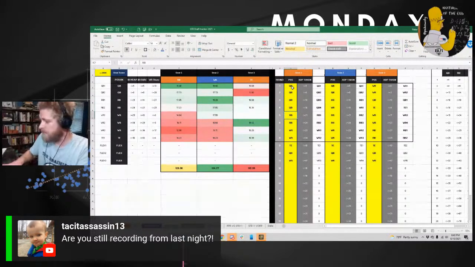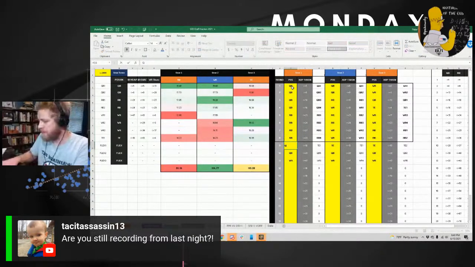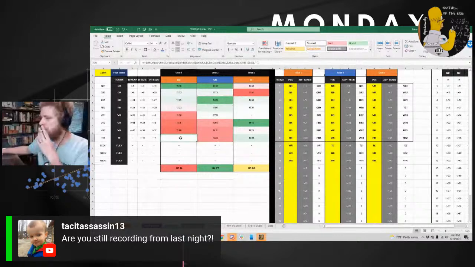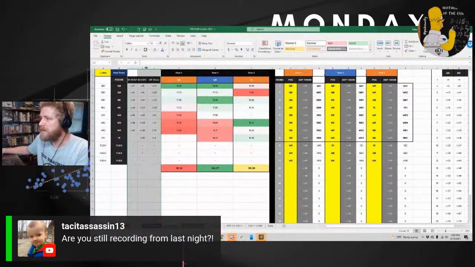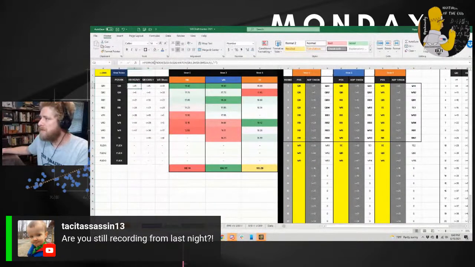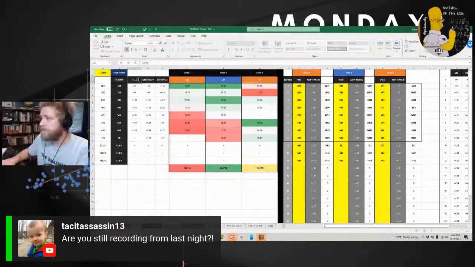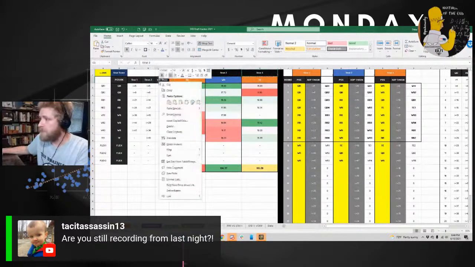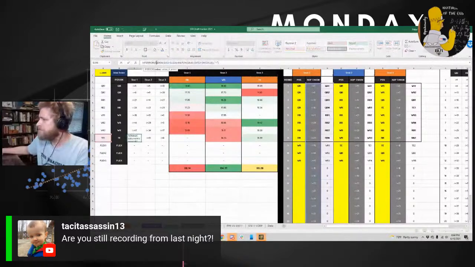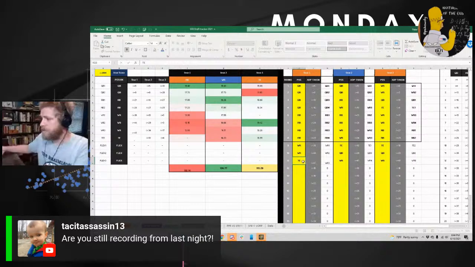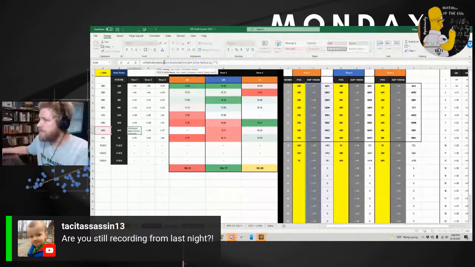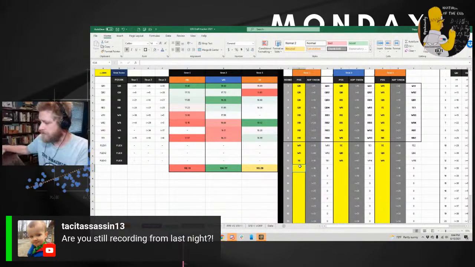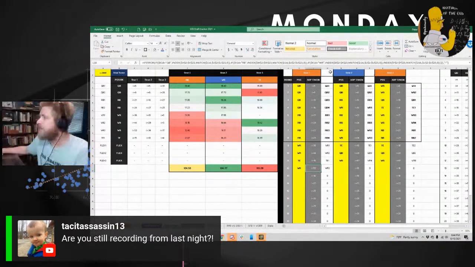You go straight QB, for example. Yeah, that works. Still working.